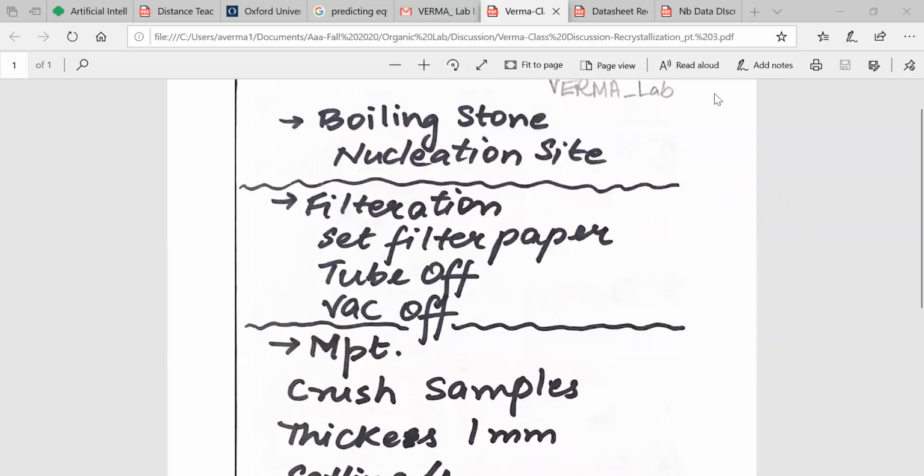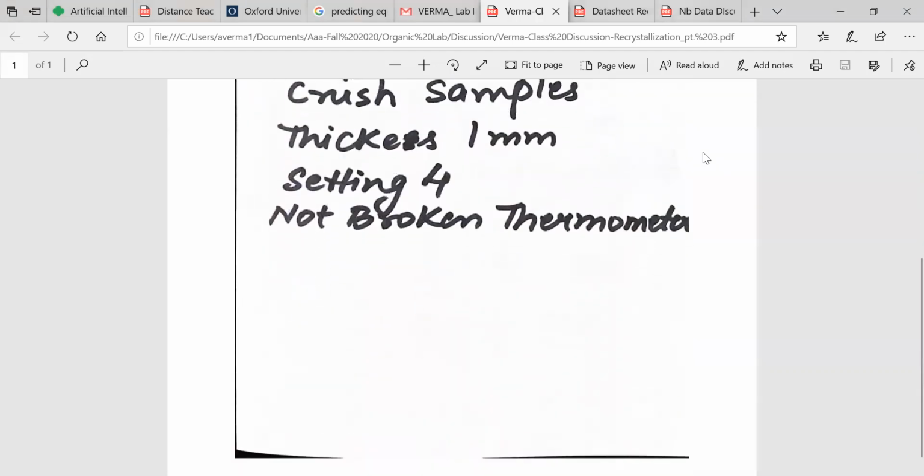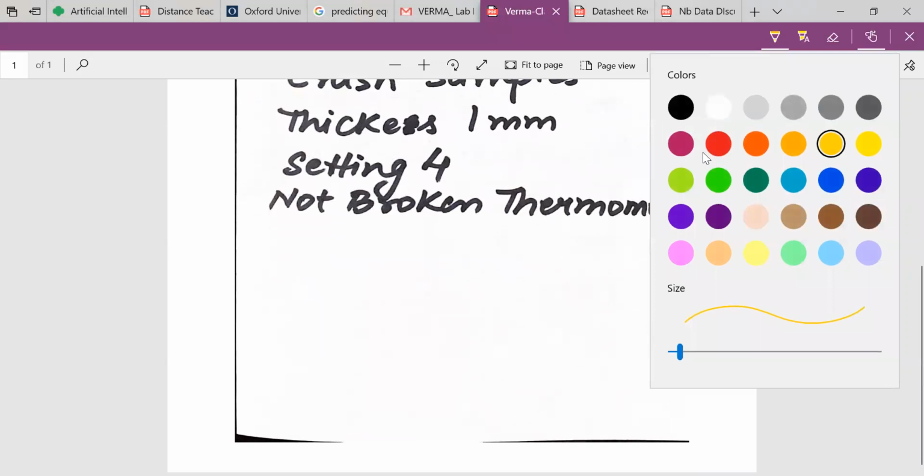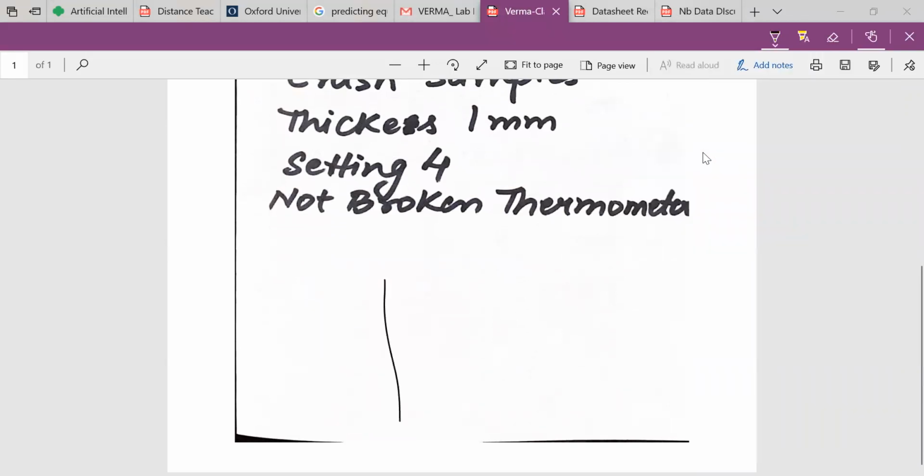One of the most popular questions is, why do we have to use a boiling stone or a boiling stick? The reason is because the boiling stone can create a nucleation site for us. If you have ever observed a hot liquid boiling off, what is one of the things that you see?